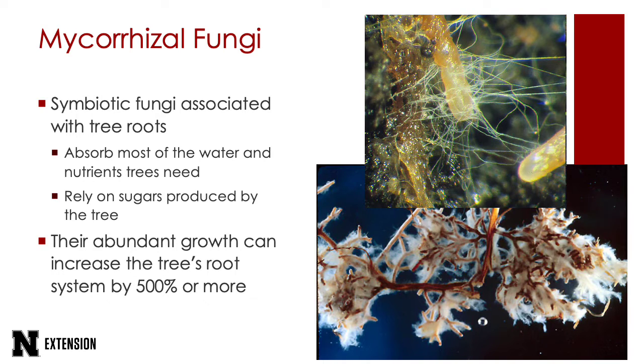So the way the fungi and the tree roots work together is that the mycorrhizal fungi can grow very quickly and at a lower cost in terms of energy and inputs required than a tree root would need to grow. So the mycorrhizal fungi can grow very quickly through the soil, and they can pull up water and nutrients, and they pass some of those nutrients and water back to the tree roots.